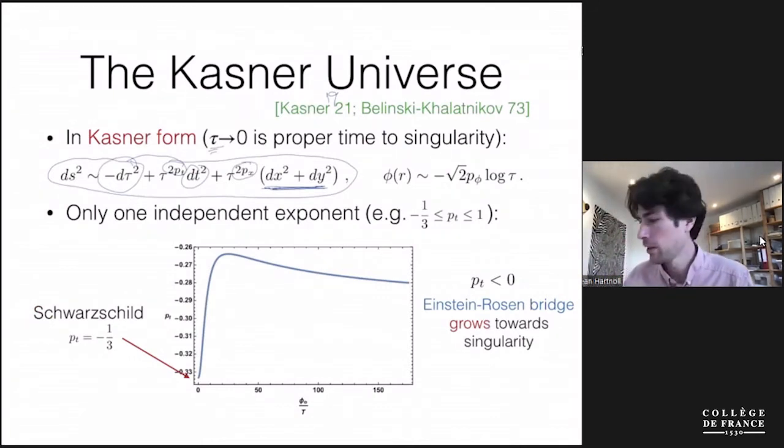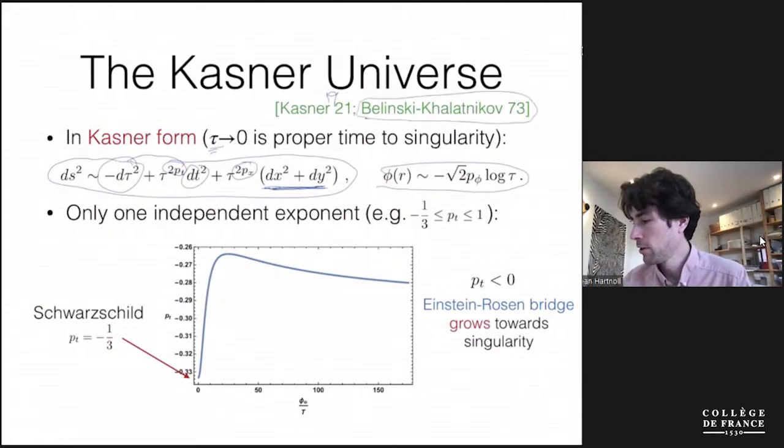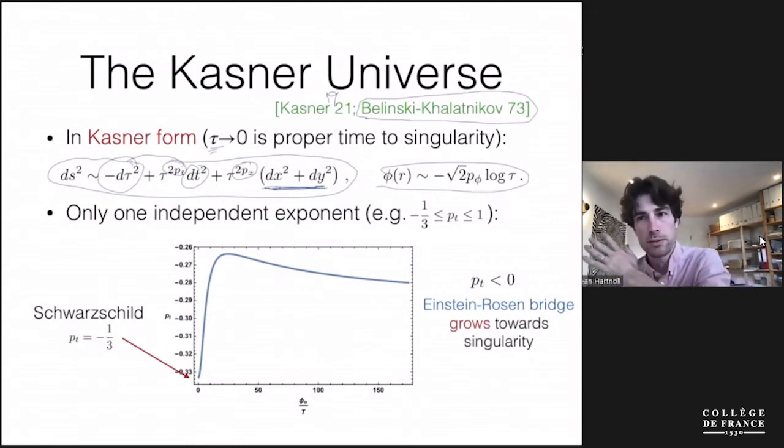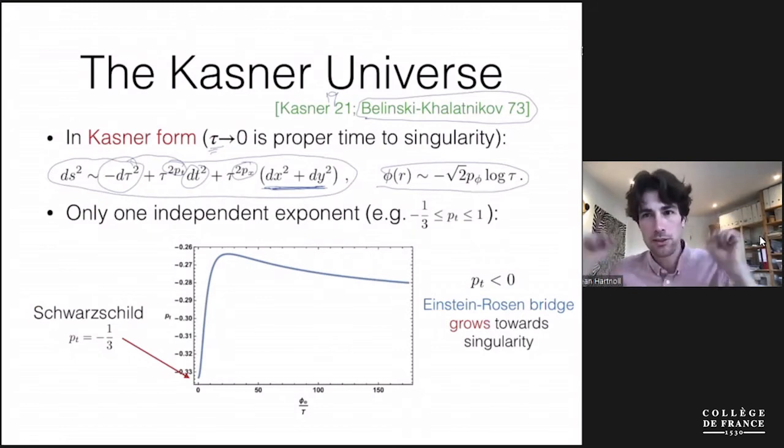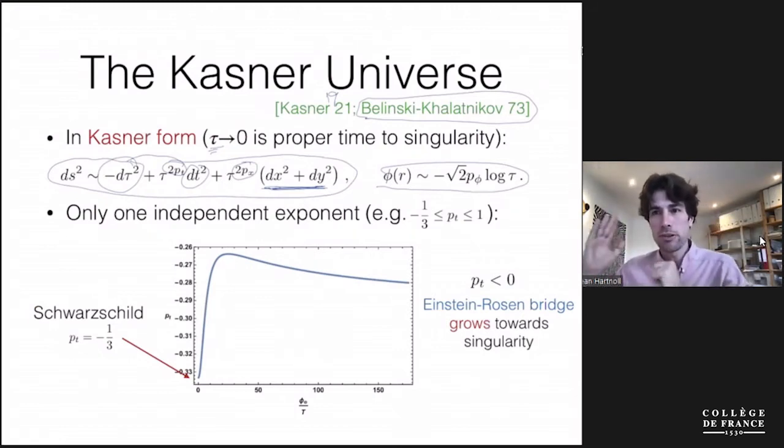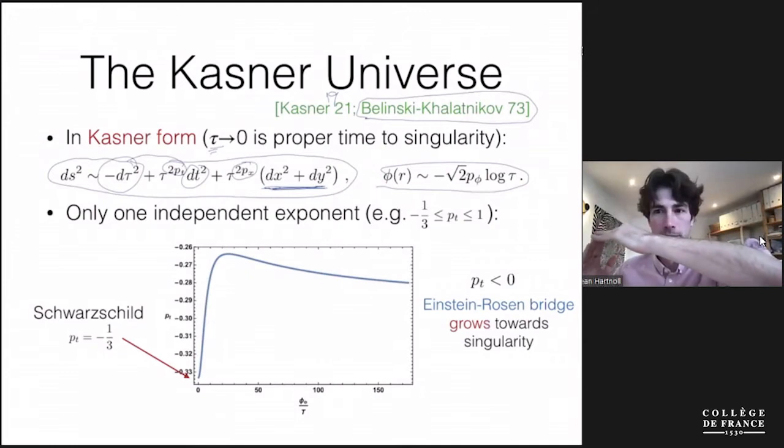There's some constraints. And the scalar field goes logarithmically. And so this paper added the scalar field to the Kasner solution. So I would say there's a flow, a renormalization flow from AdS at the boundary to Kasner at the singularity.